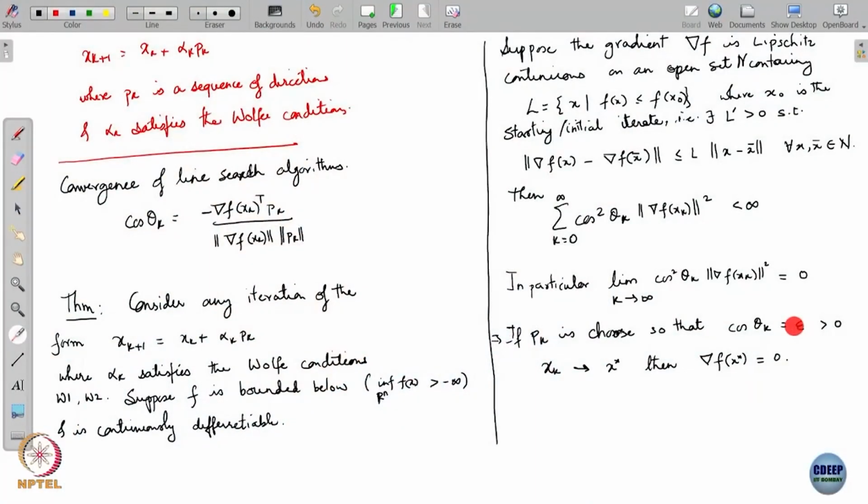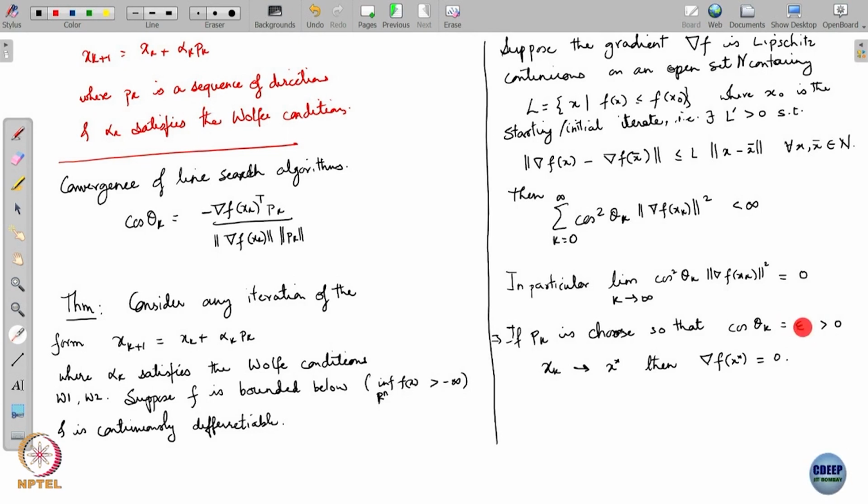Now, this means that it's important here that the cosine is some epsilon, which is positive and remains positive. The way we have done this is by choosing an epsilon that is independent of k.